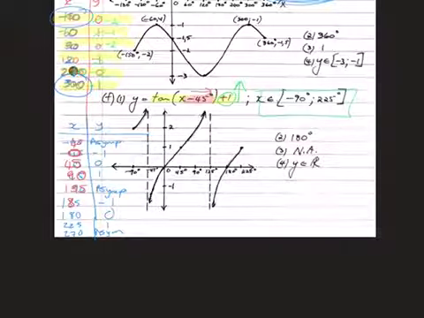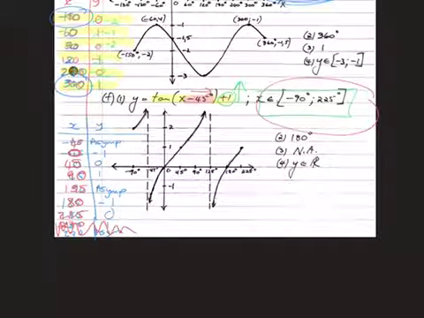180 is going to become 225. 225 is going to become 270. But we're going to stop here because the domain they gave us is negative 90 to 225. So we just have to go back here.